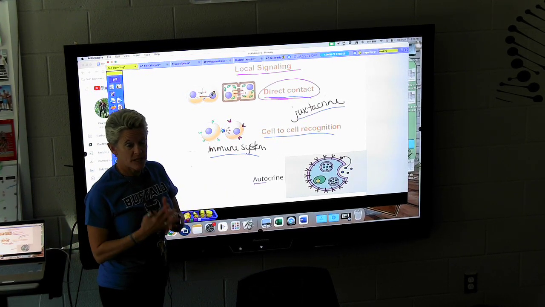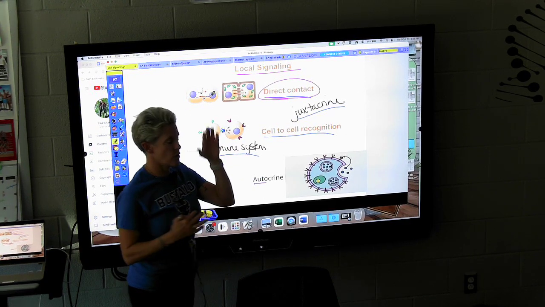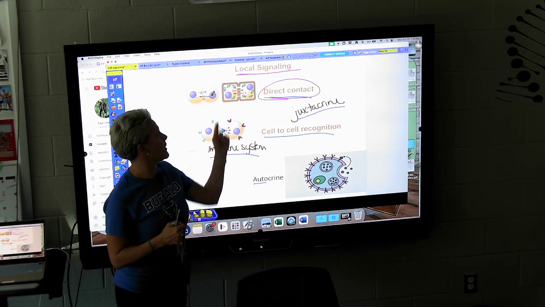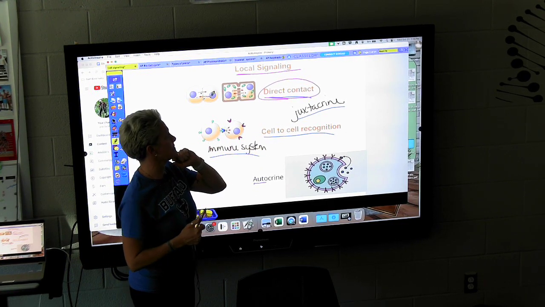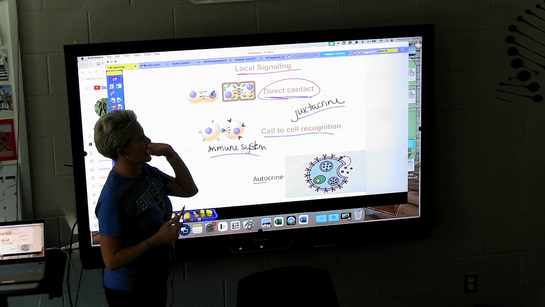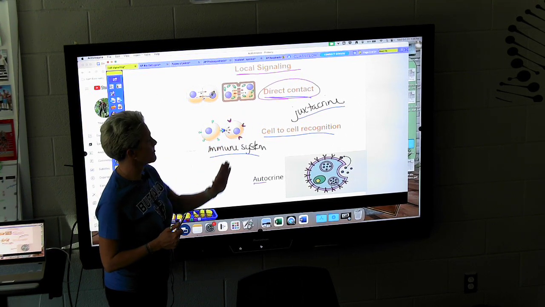That's more difficult in a plant cell because a plant cell has a cell wall, but there are also pores in a cell wall that allow for that to cross. So again, the cells are in direct contact with one another, okay?